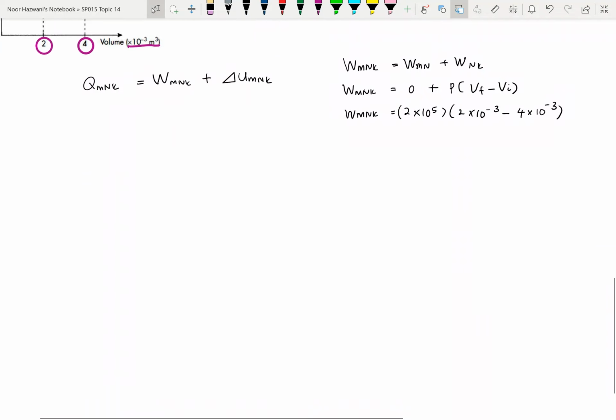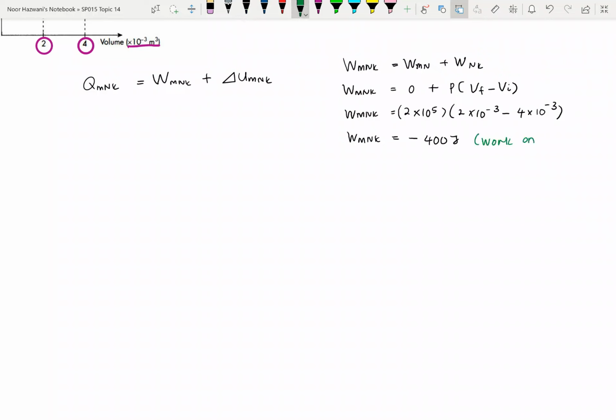Okay, then you will get work done M and K equals negative 400 joule. So, you know this is work done on the system. So, every sign convention gives us meaning. Okay, and then plug in all the values.